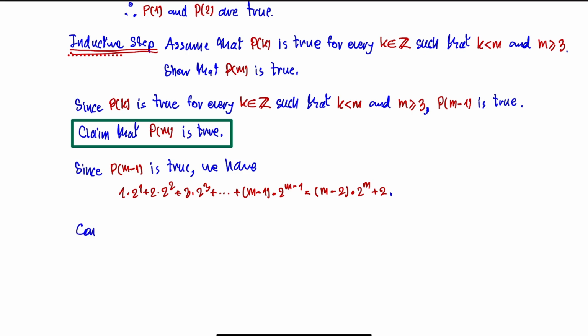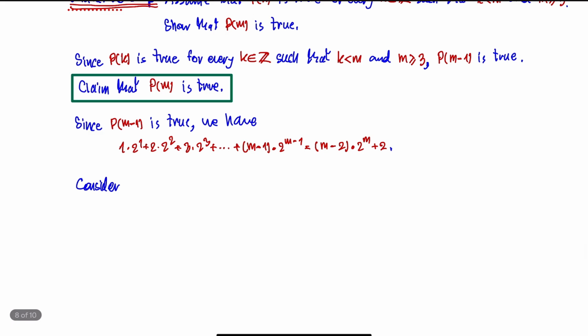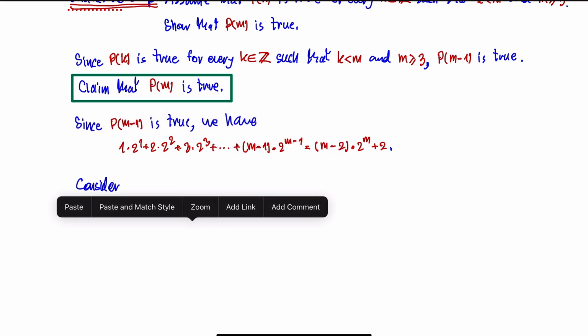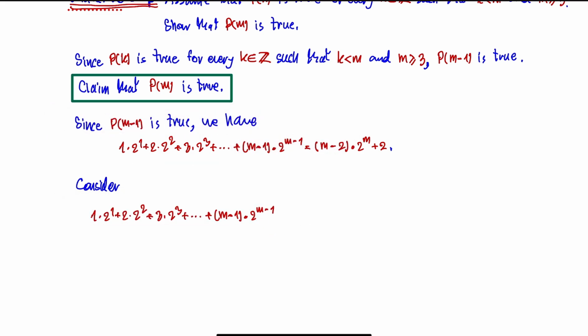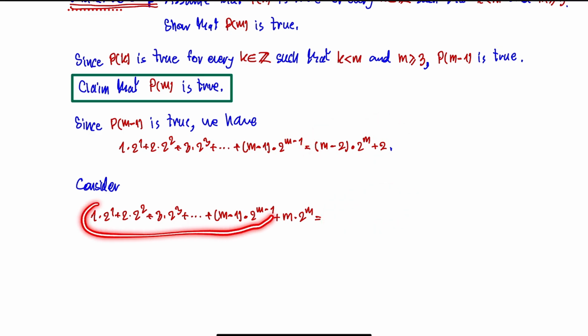So we consider this and we need to add one more term. So we have this term right here and add one more term, which is m times 2 to the m. So what happens to the right hand side of this equation? It becomes m minus 2 times 2 to the m plus 2, and then plus m times 2 to the m.